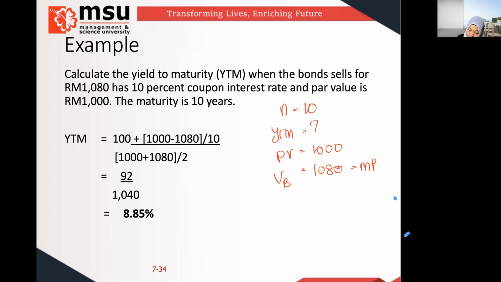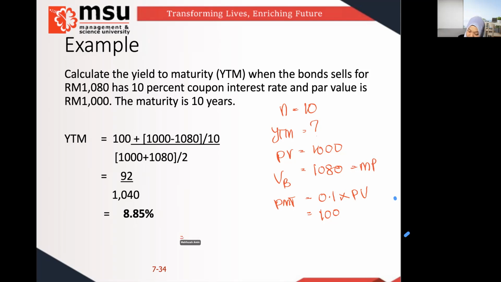Okay, the payment, so the coupon payment. The coupon payment is based on the coupon interest rate. Coupon interest rate is 10%, so it is 0.1 multiplied with par value, so it equals 100. So now when we are able to extract all the information, you put all the information into the formula. So what is the formula?